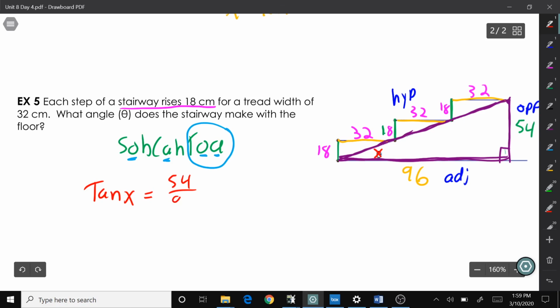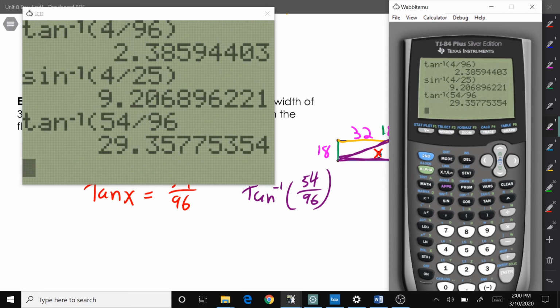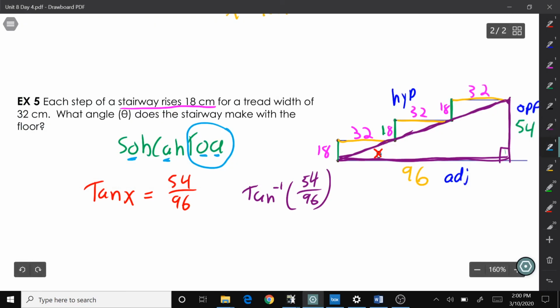So 54 over 96, which means we're going to do the inverse tangent of 54 over 96. And we get 29.38 degrees.